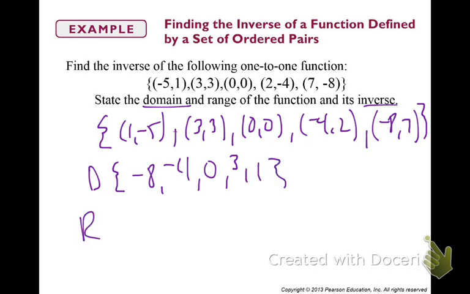And what would the range of the inverse be? Negative 5, 3, 0, 2, and 7. So those also get switched. Any questions on that?